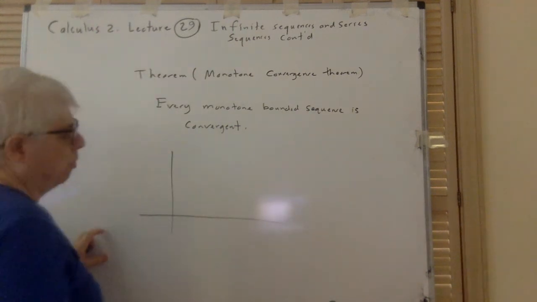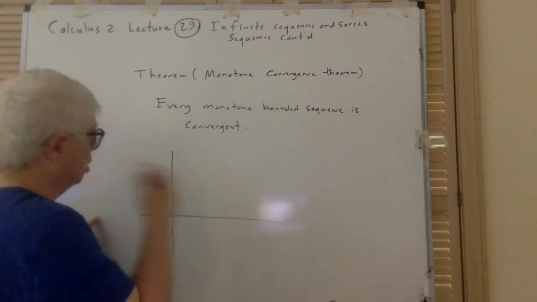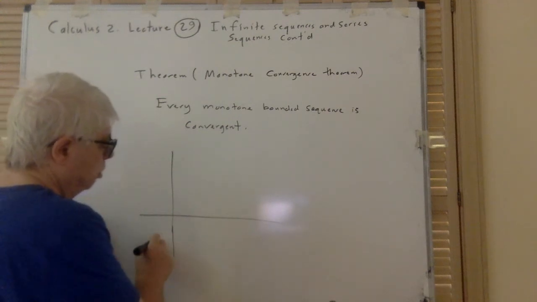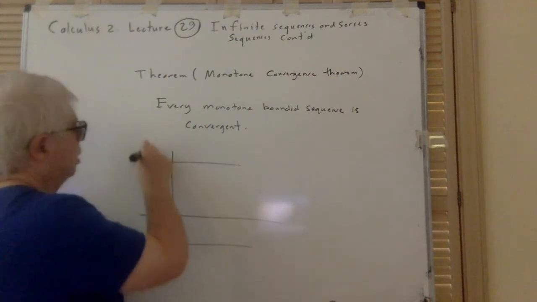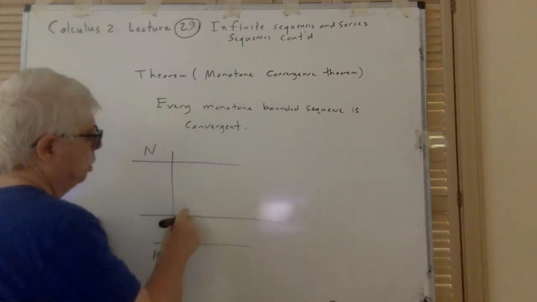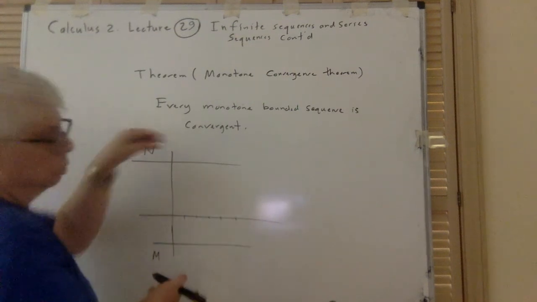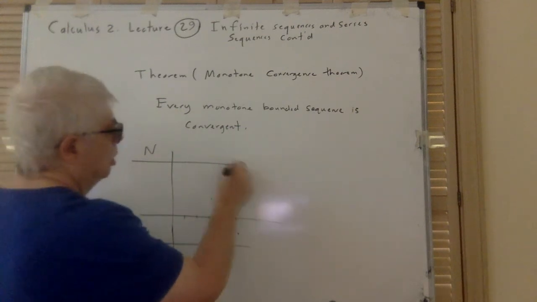So first of all, bounded. Bounded means that there are two numbers. It doesn't have to be positive or negative. It can be either. So there's this m here, and then n here, and the sequence is bounded between these two. So the sequence is like this. Okay?